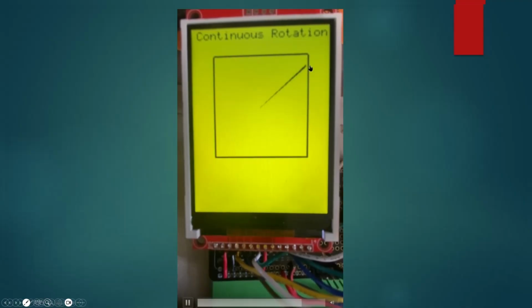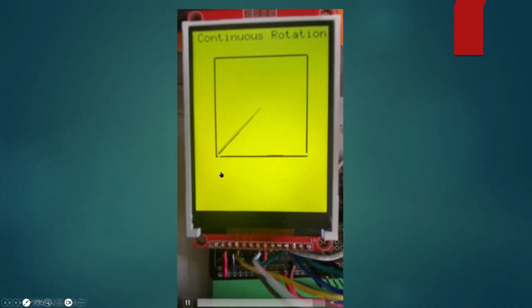Next we draw our square, 3 lines each with a continuous rotation, and this is where the arm starts rotating. Basically this is what I explained, 4 lines that come together. They start at the same point, but they go to a slightly different location, a 1 pixel difference. What we do is we write the 4 lines, and then we rewrite the 4 lines, but at the same color as the display.